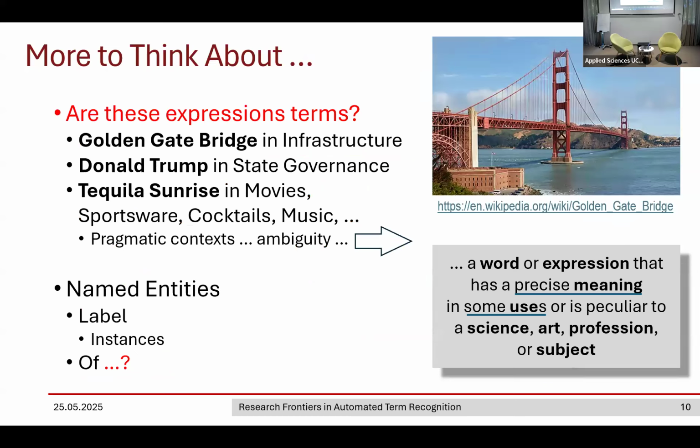There are many more things to think about in the context. For example, if we look at the expressions listed here, Golden Gate Bridge in the domain of infrastructure, Donald Trump in the domain of state governance, Tequila Sunrise in movies, sportswear, cocktails, music, many domains, many different meanings.